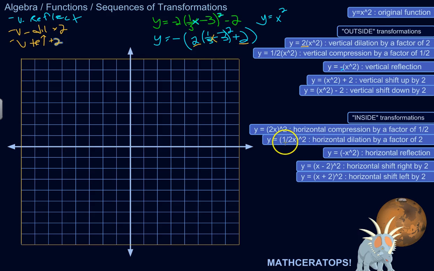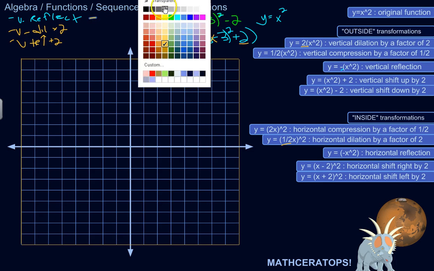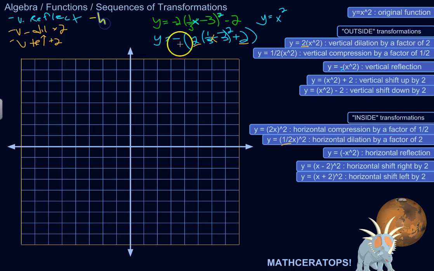1/3 x would be horizontal dilation by a factor of 3. So if I have 1/3 times x, that corresponds to a horizontal dilation by a factor of 3. And if that doesn't make sense, maybe review just dilations in general, how those work.